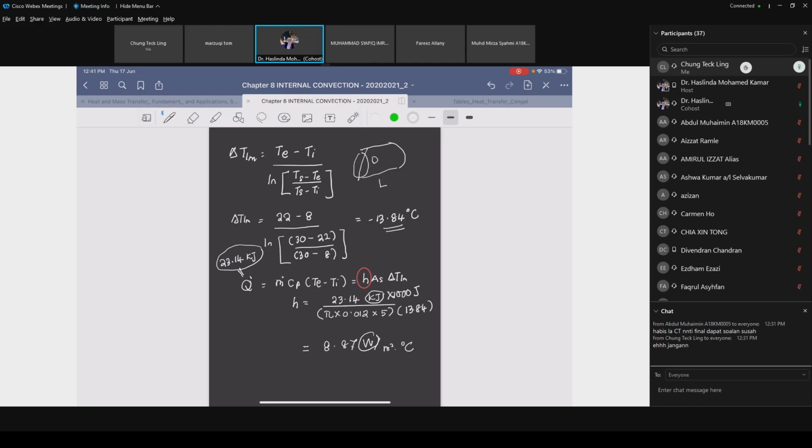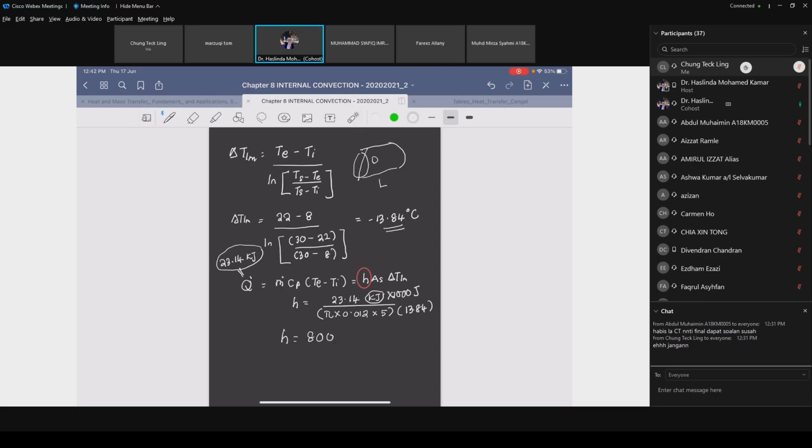Kalau yang 0.08 tu, that is kilowatt. 8,000? Apa ni? Salah kira. Okay, cuba kira lagi sekali betul-betul. 23 tu kita change. Berapa dapat? Saya dapat 887. Yeah, logic. 887 logic because this is steam, very high temperature.